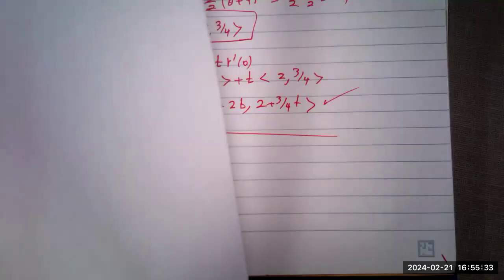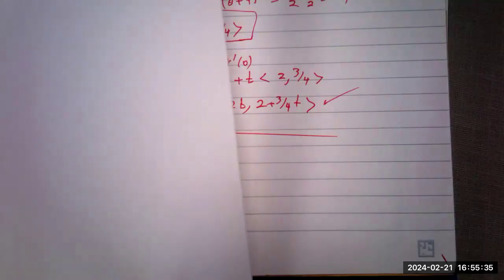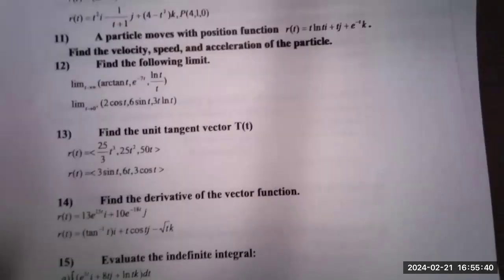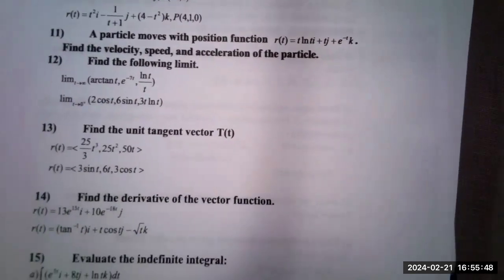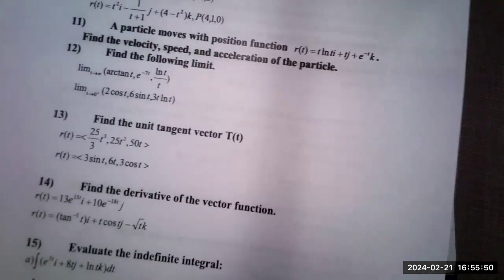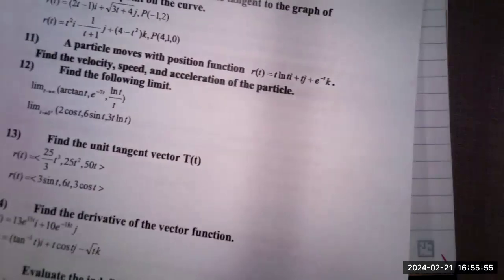I can't see it here, but you can check your lecture notes. If r prime is given to you, you can recover the r of t: you integrate, you come back. I'll give you one example. But this direct one, like number 11, and you have another one, like number 17.